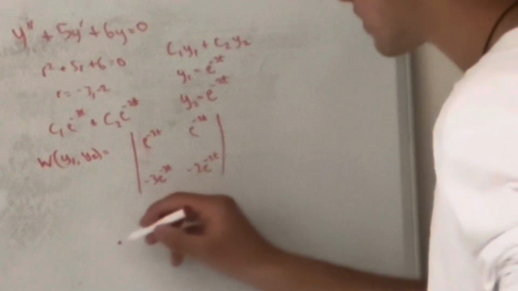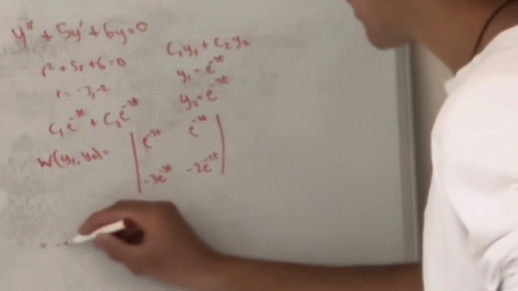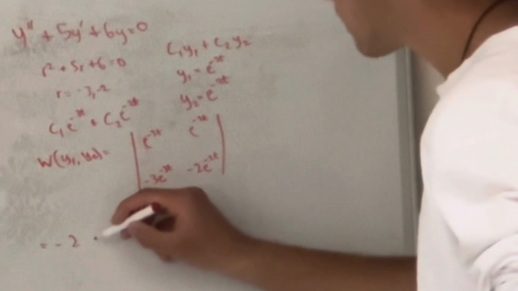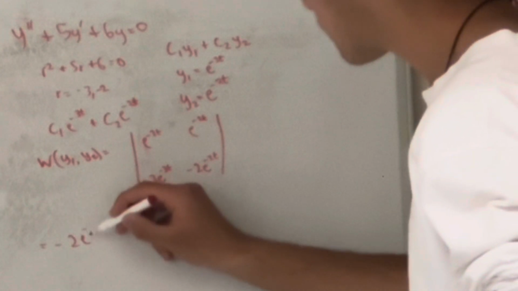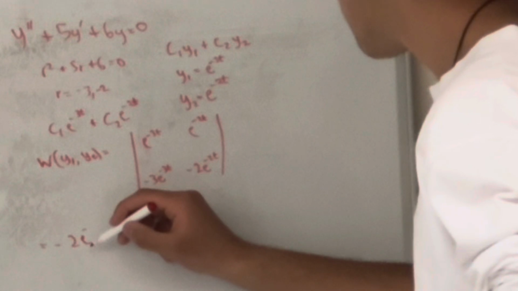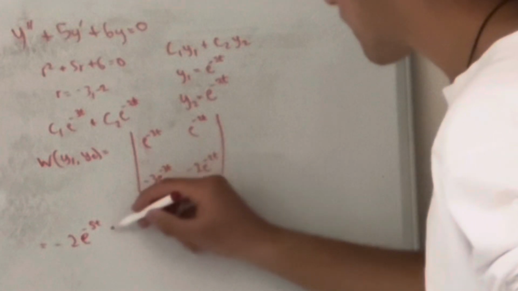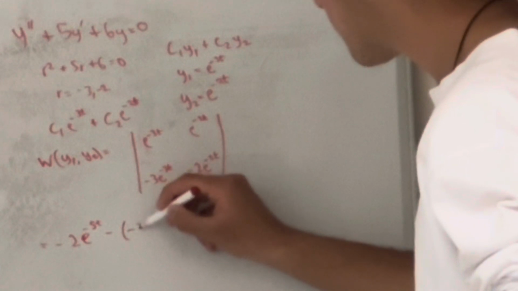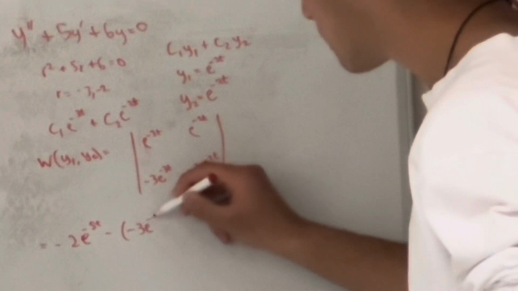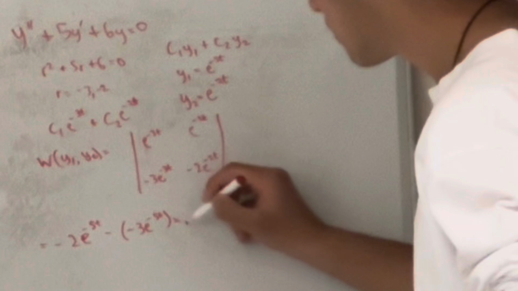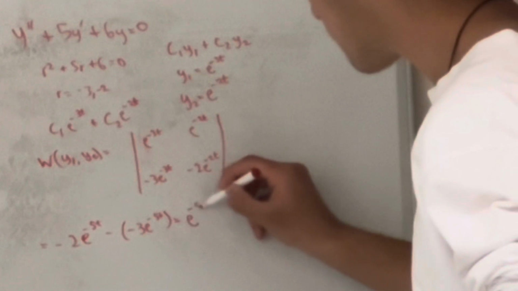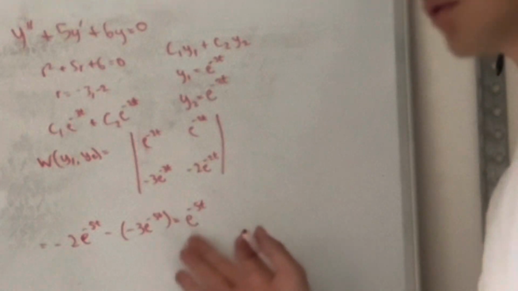That's going to give us -2 e to the -5t. And then over here we have minus -3 e to the -5t, which ends up becoming just e to the -5t.